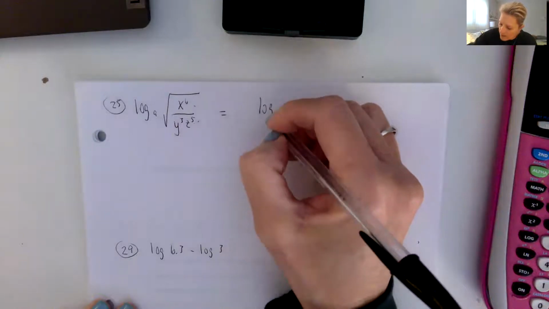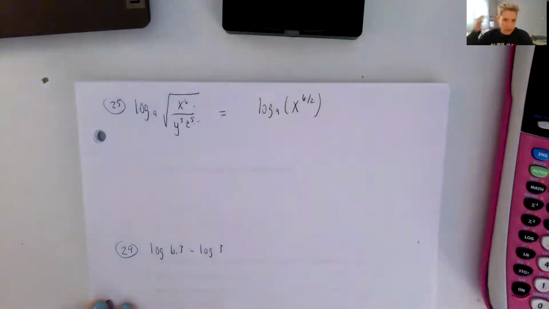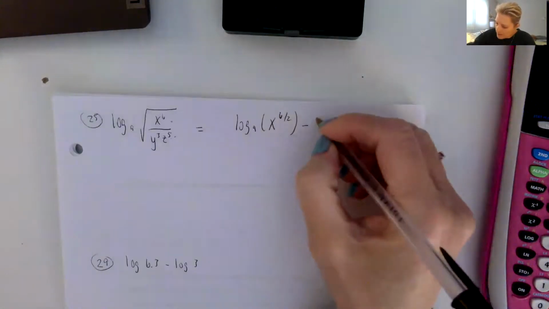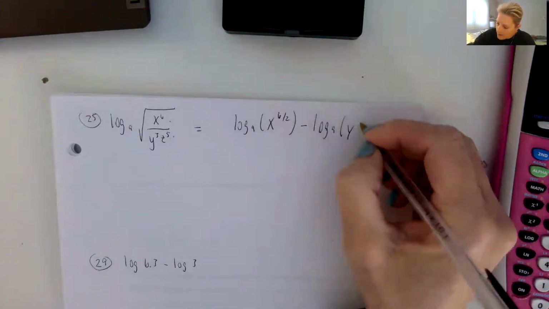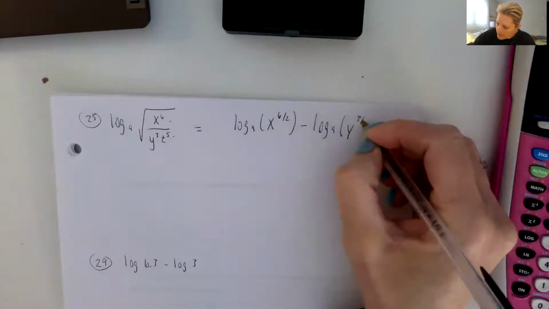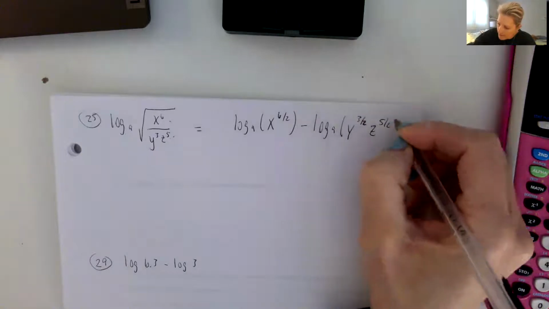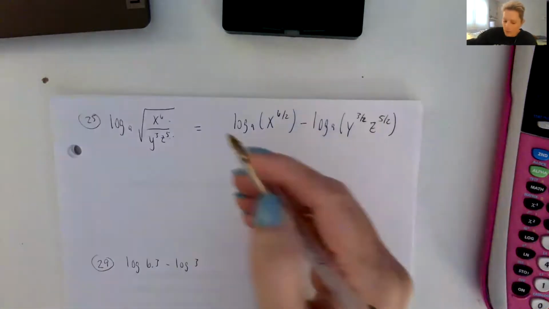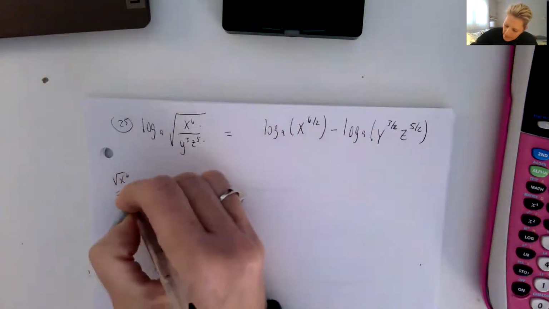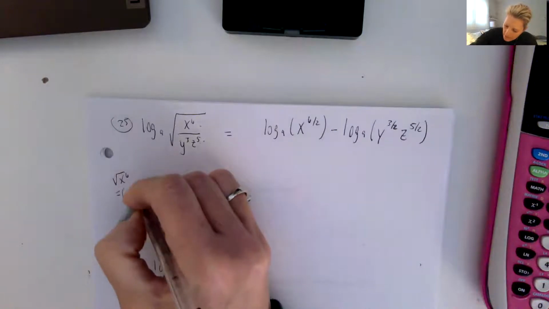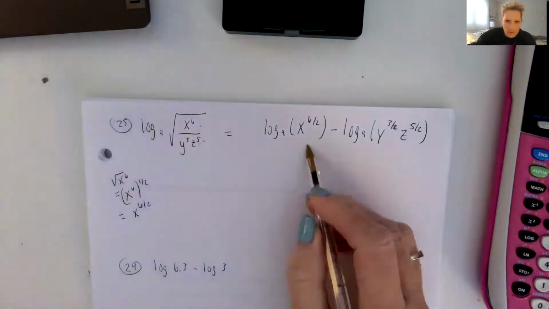So this is log a of x to the 6 halves because of the square root, minus log a of y to the 3 halves and z to the 5 halves, because the square root is 1/2. So the square root of x to the 6 is the same as x to the 6 to the 1/2, which is x to the 6 halves. So that's how we can write each of these.